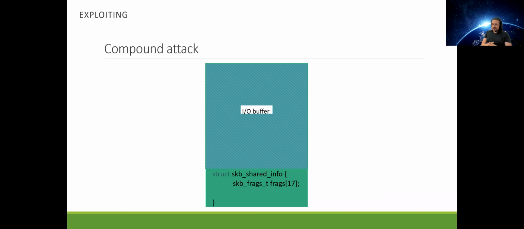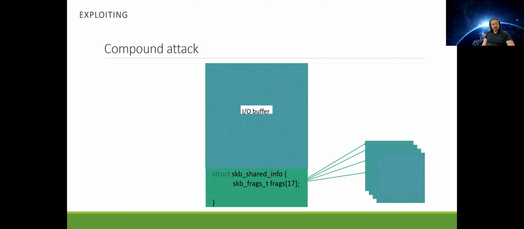In compound attacks, we take the example of SKB shared info in Linux, where the metadata is added at the end of an IO buffer. The SKB shared info has a lot of useful information, like pages for scatter-gather operations.